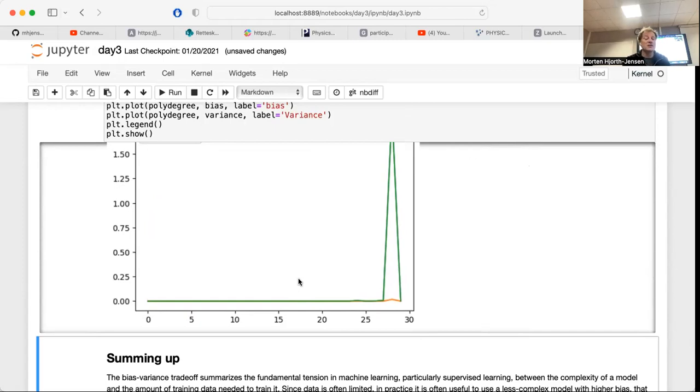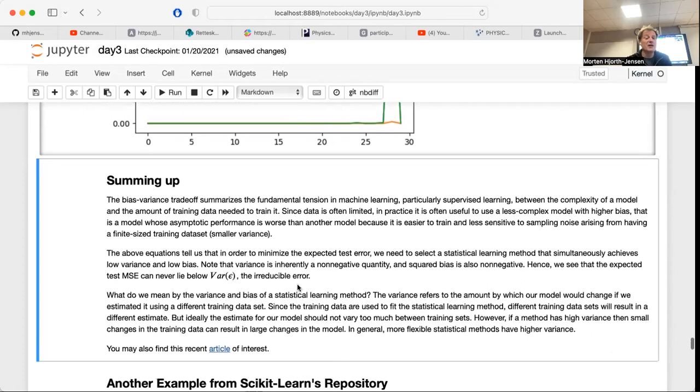So this kind of tension, as it says here, if you now look at the text which is here, it simply tells us that in order to minimize the expected test error, we need to select a statistical learning method that simultaneously achieves a low variance and low bias. And the variance is inherently a non-negative quantity, obviously, and squared bias is also non-negative.